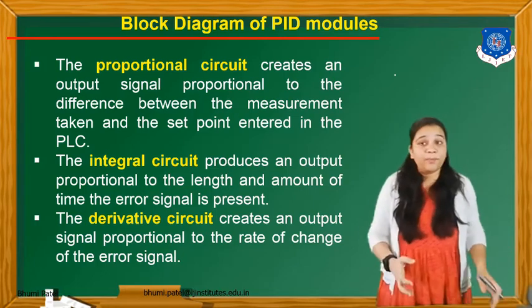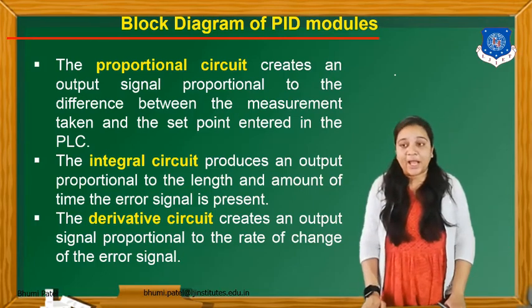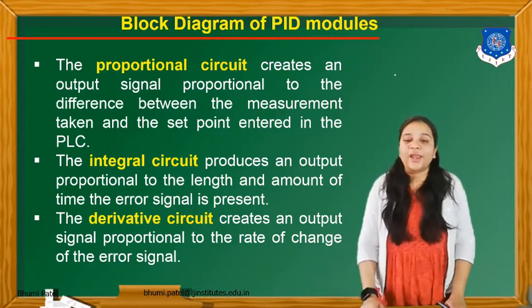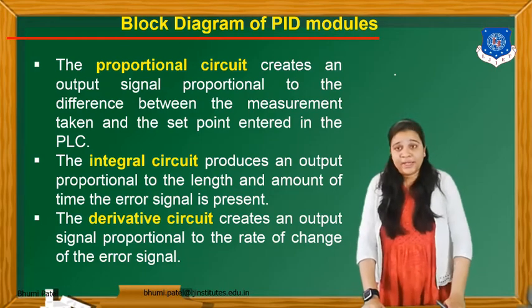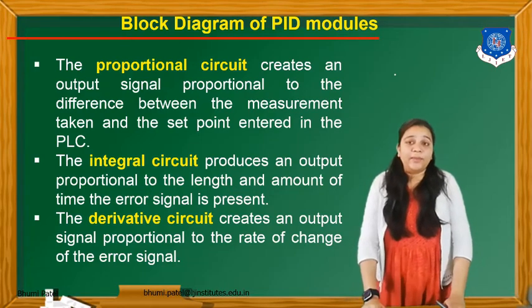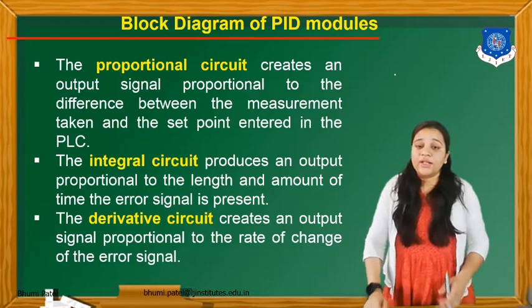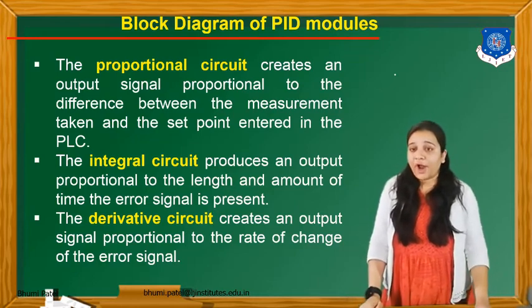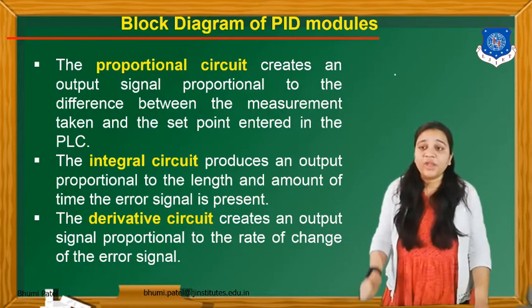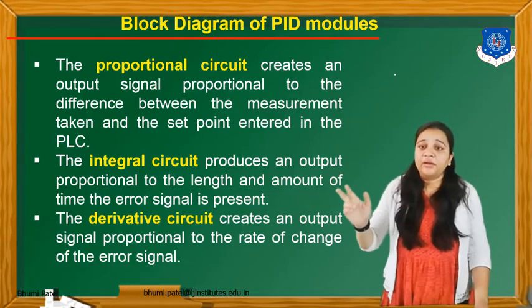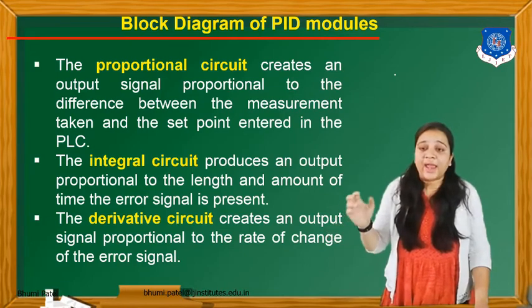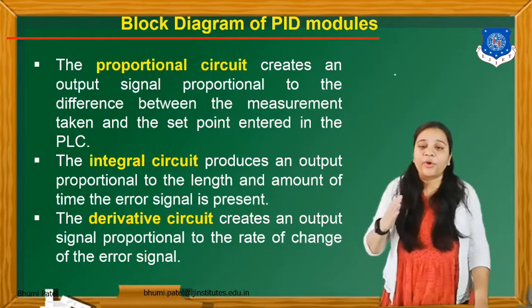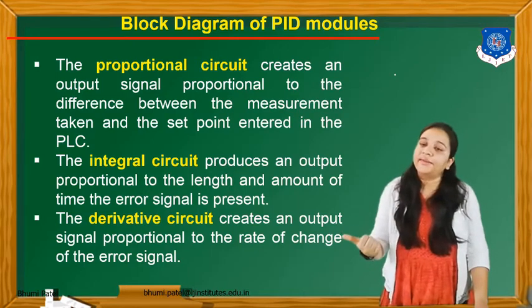If we use a PID module in a particular plant, it is the best solution to get the best output. But in an average system there is no requirement to connect the PID module because the overall circuit will be larger. If we have a problem in the measurement value, we can connect only the proportional circuit. If there is a problem in the applied signal, we can connect the integral circuit.